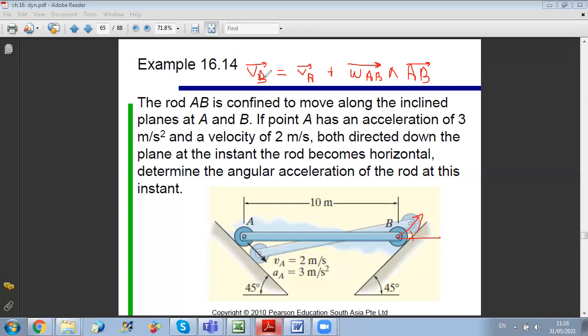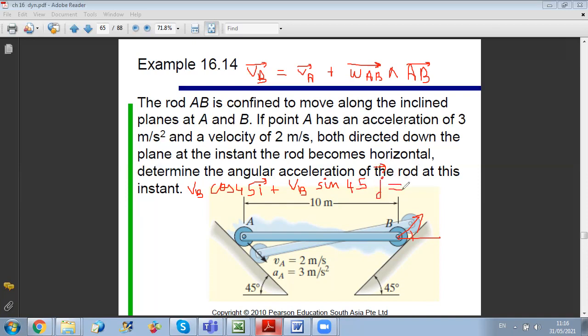So instead of vector VB, I can write VB magnitude times cosine 45 i plus VB magnitude times sine 45 j. In this way, I decompose the vector into two components, in i and j.